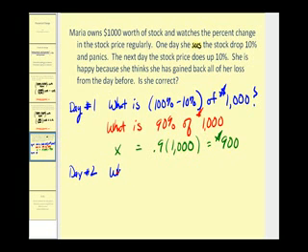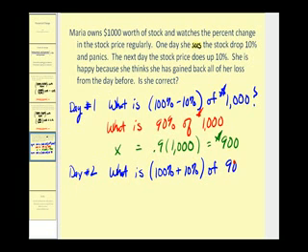Now for day 2, we want to know what is 100% plus 10% of, and on the second day it's not $1,000 anymore, it's $900. So she goes into day 2 with $900, and that amount will increase by 10%.